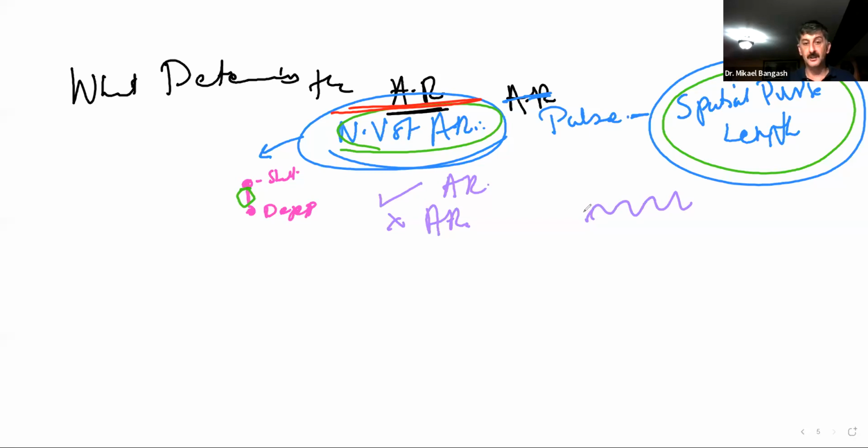When we measure from here to here in terms of a unit of distance, centimeters, millimeters, micrometers, whatsoever, this distance here is what we call the spatial pulse length. Clear? So your axial resolution is primarily going to be determined by the pulse.